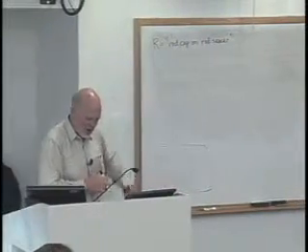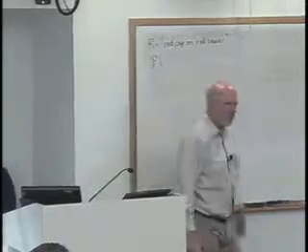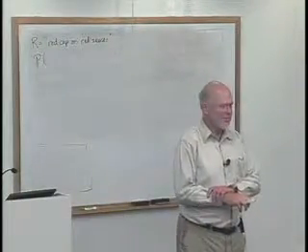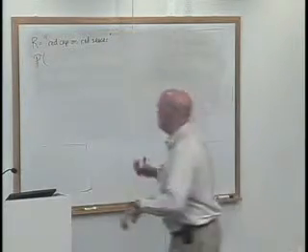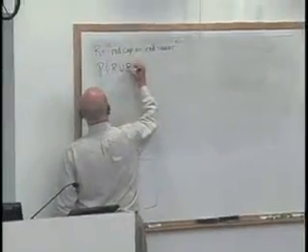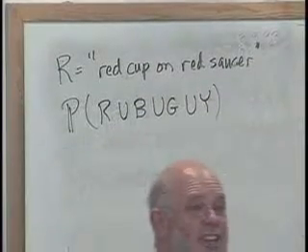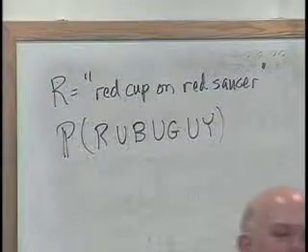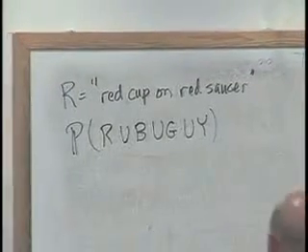So what event are we interested in? R union B, etc. Thank you, Jay. R union B union G union Y. Everyone see that? This is a union of these four events. So if any one of the four cups hits the saucer of the same color, we win.